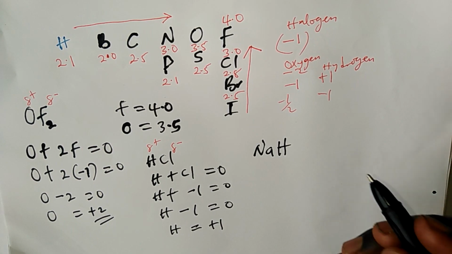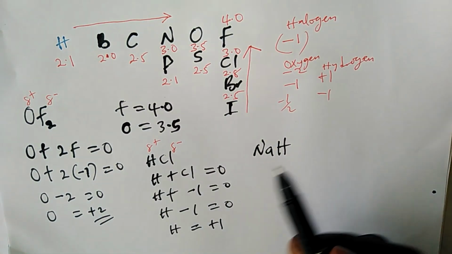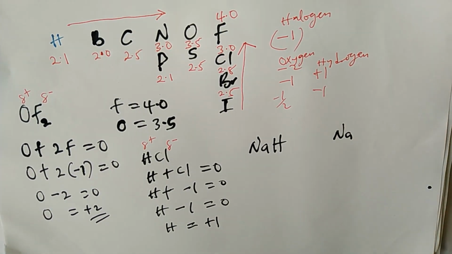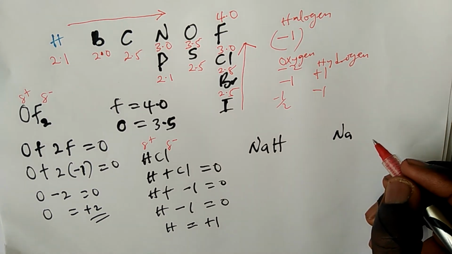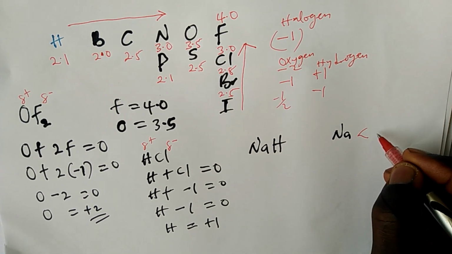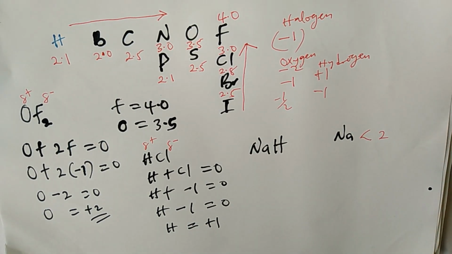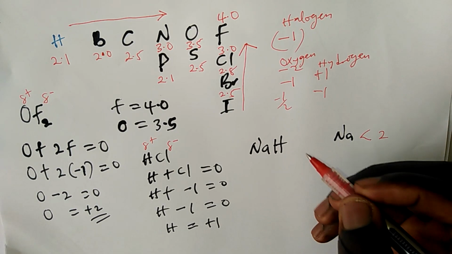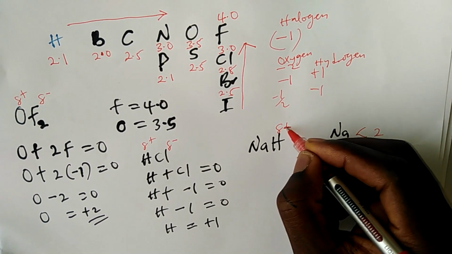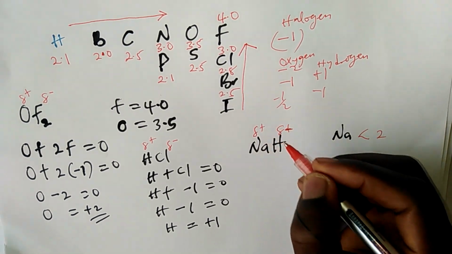We know that hydrogen has an electronegativity of 2.1, while sodium has an electronegativity of less than 2, right? Therefore, hydrogen is partially negative. It has more electronegativity, while sodium is partially positive.